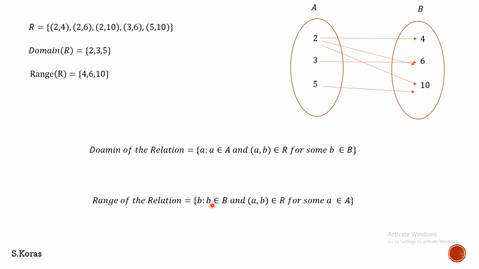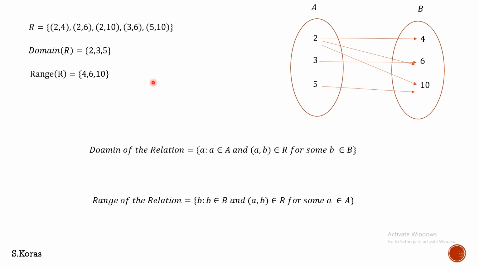So this small b belongs to capital B, but the condition is that the element (a, b) must be in the relation, and this a must be in the set capital A. If it is so, we can say this is our range. So you know what is domain, what is range?